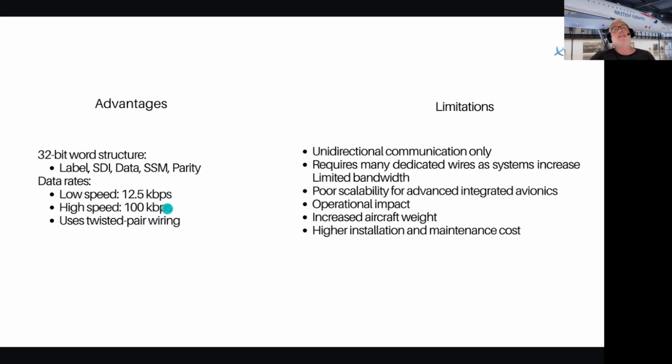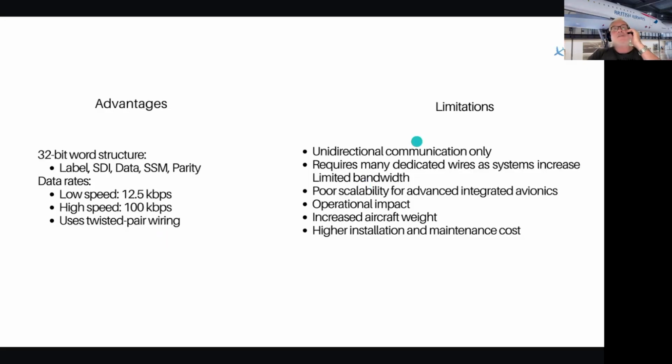That was the operating range, and it uses twisted pair wiring. Invariably this is a screened cable, and you'll see it throughout the A320. It's that light blue twisted pair cable that you see all over the aircraft.